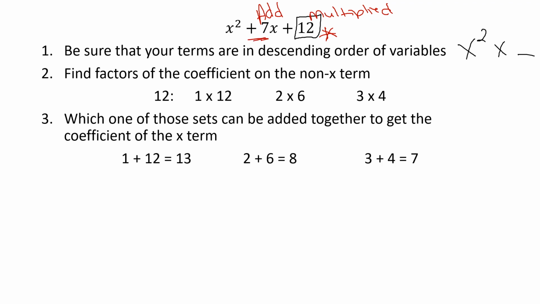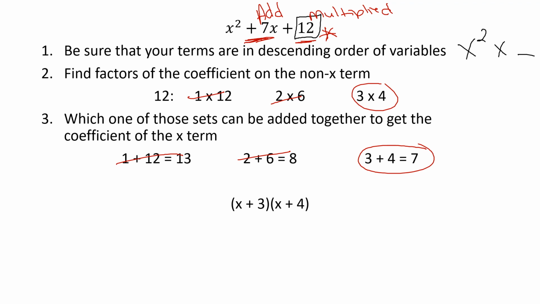Well, 1 plus 12 is 13, so that's out, because that's not 7. 2 plus 6 is 8, so that's out. 3 plus 4 is 7. So when I add them, I get 7. When I multiply them, I get 12. So 3 and 4 are the numbers I'm going to work with. And when I write that answer out, I simply put x plus 3, x plus 4.